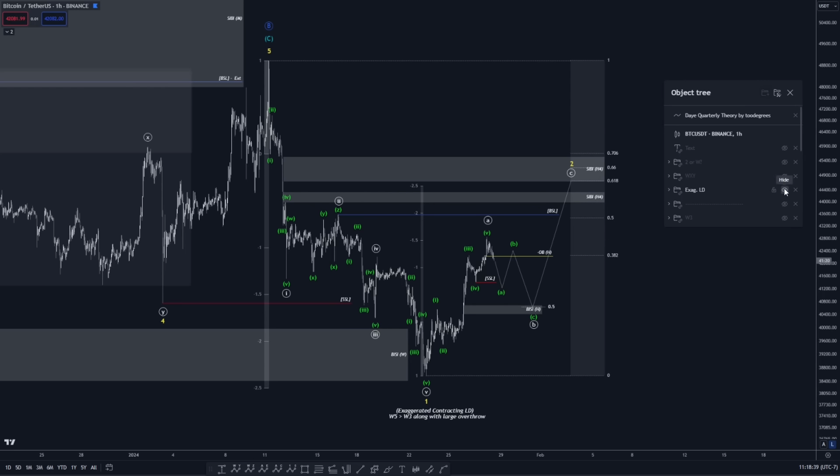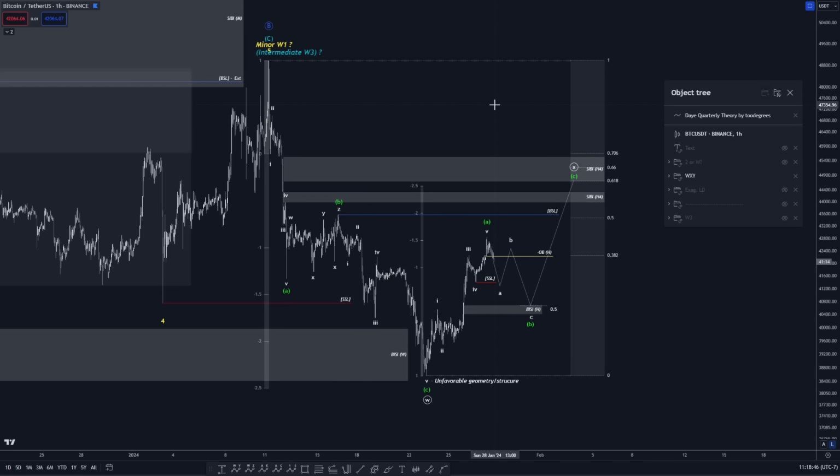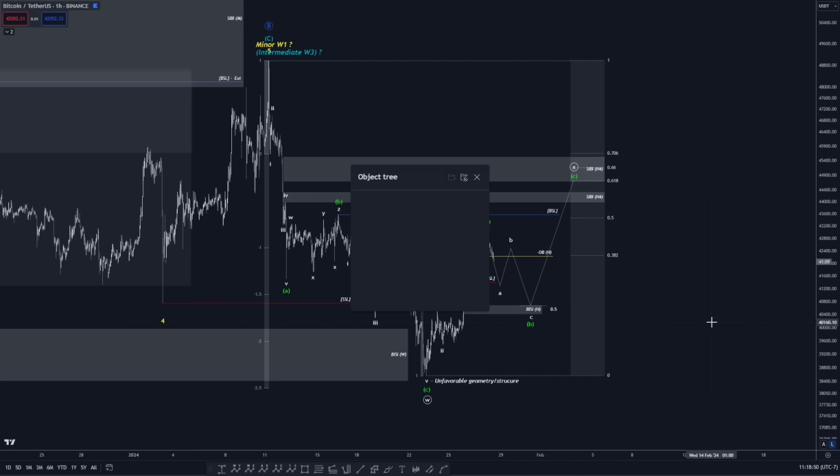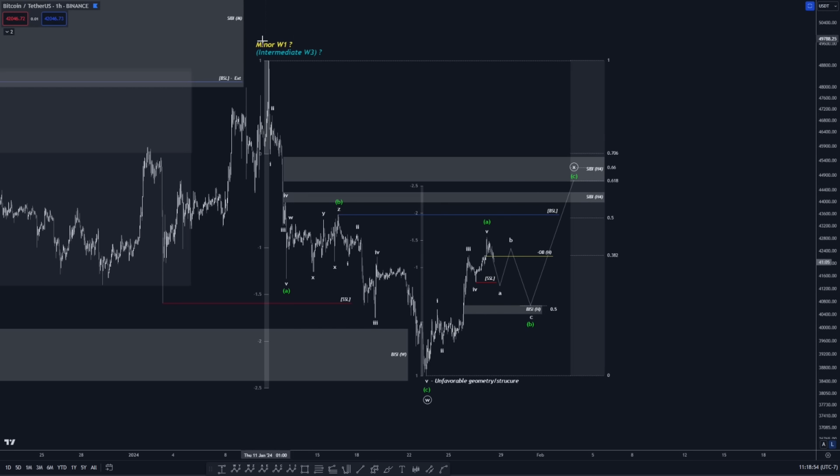Alternatively, instead of this being a wave 1, this could be a wave W, if we have a different perspective from the higher time frame. So instead of this being a pivot or a bearish perspective, this is being looked at as a pullback for the bullish perspectives.